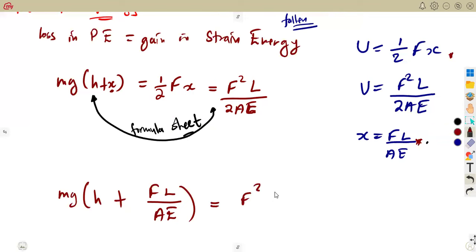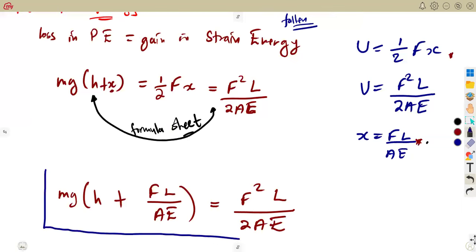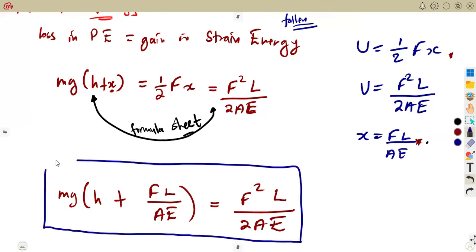So it is equal to F squared L over 2AE. So you find even some textbooks presenting like this. Then you say, okay, but the formula sheet is not like that. No, they just substituted the X, the extension. So this is still your X, your extension. Remember your formula for extension, this one. So it can be like that, depending on the textbook that you're using.